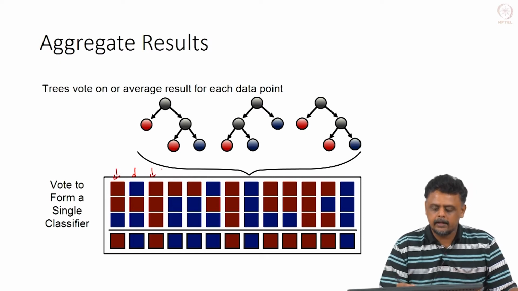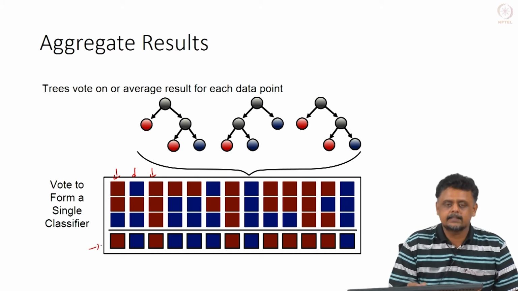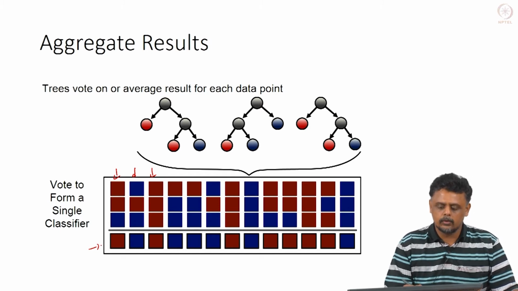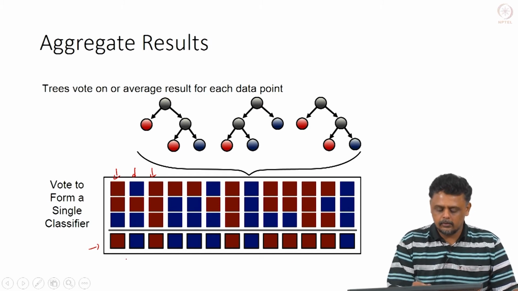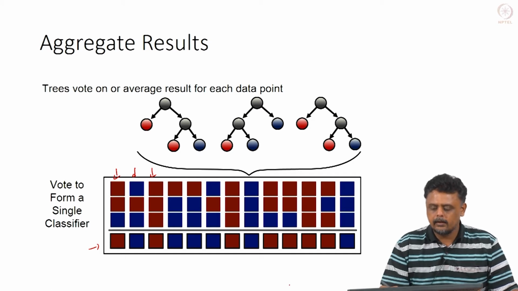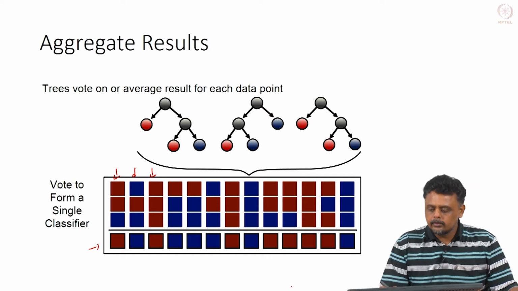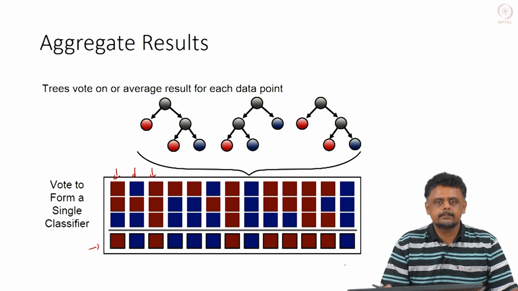For every data point, each of these trees will output a certain category, red or blue, and we assign the category which gets the maximum number of votes. So, in the end you will get a single classifier.